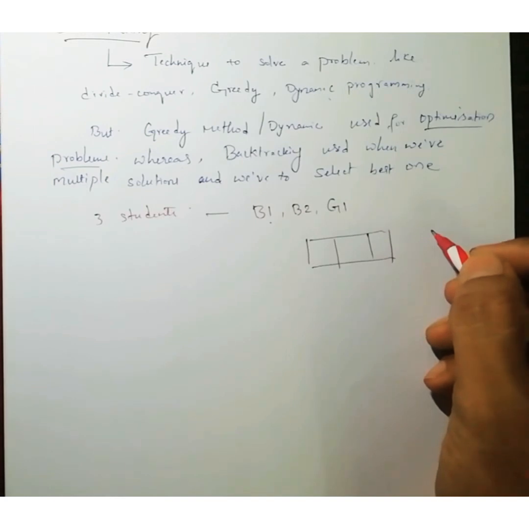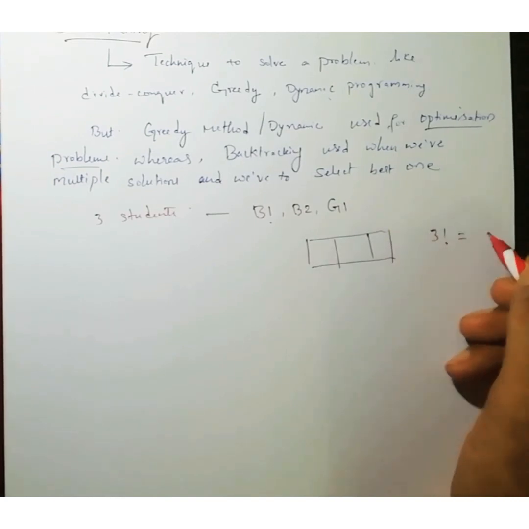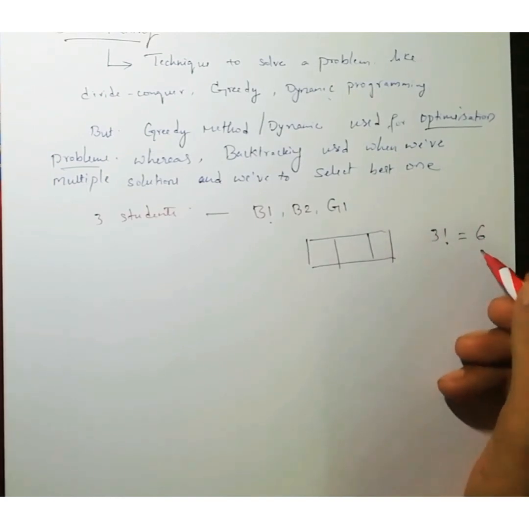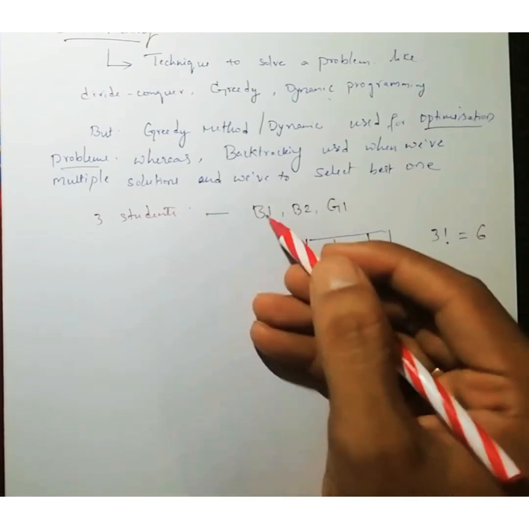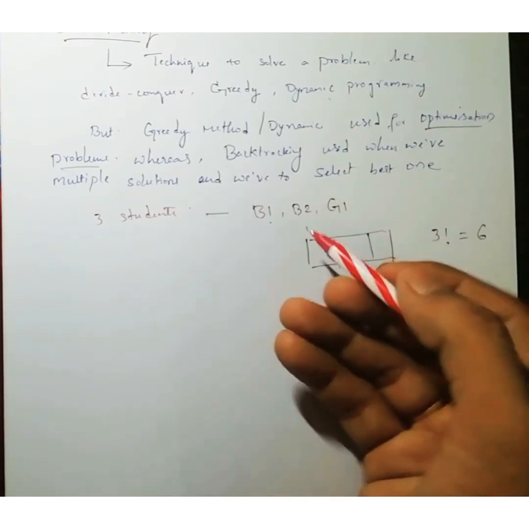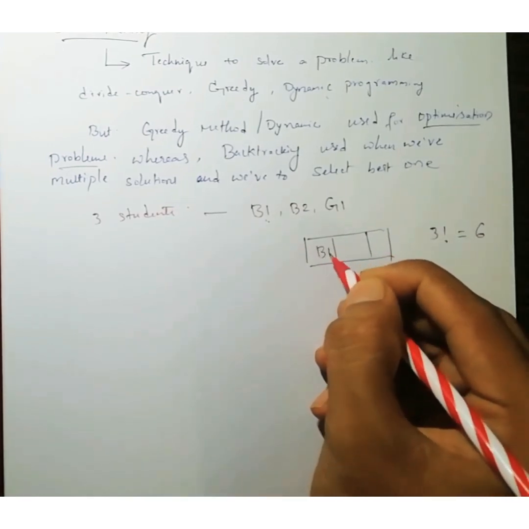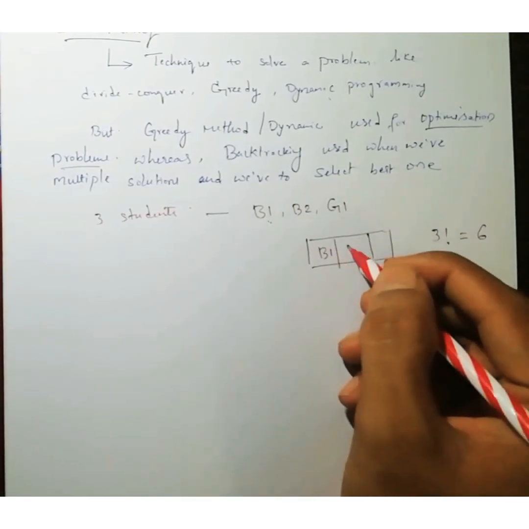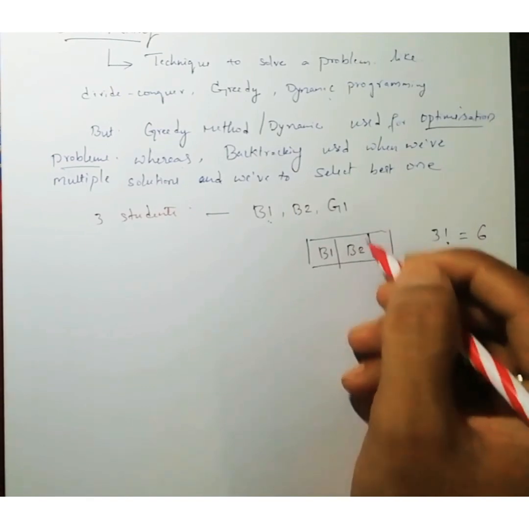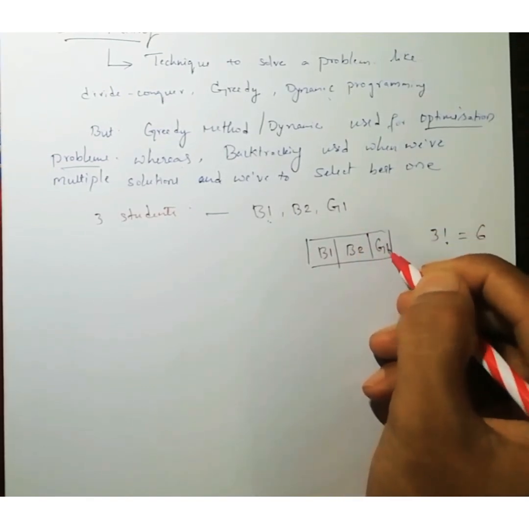We can calculate by using 3 factorial, that is 6. So 6 ways we can arrange these. For the first solution, the first boy will sit in the first chair, the second boy will sit in the second chair, and the girl will sit in the third chair.